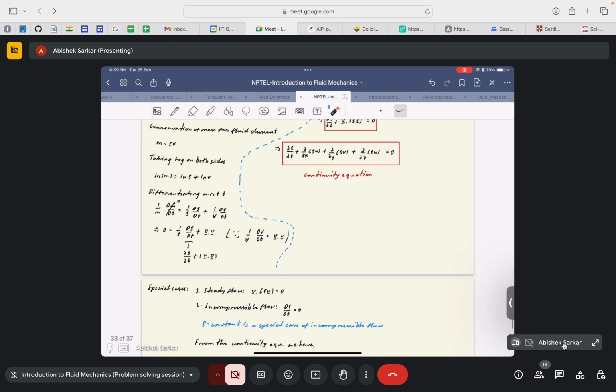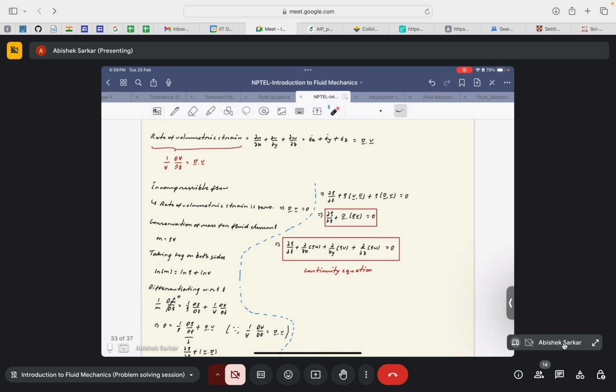But the important thing to note is that d rho by dt being zero does not mean that rho is equal to constant. Of course rho equal to constant will also satisfy this equation, but even if rho varies, this equation will be satisfied. How? Look at this case. Here in this equation, say rho varies with time as well as space.